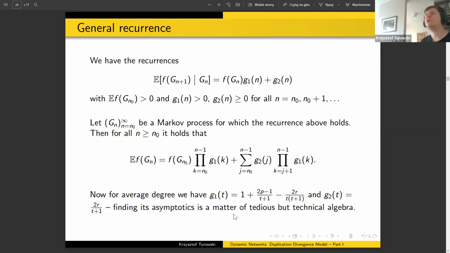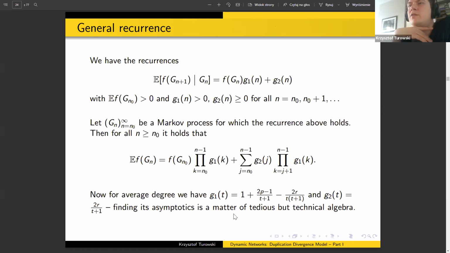Okay, so we have some general recurrences for Markov processes, and we have certain properties: these functions are non-negative. In fact, G1 has to be positive. And clearly, we can iterate all of them up to the beginning point, and we can get the following formula, and we would like to solve it.